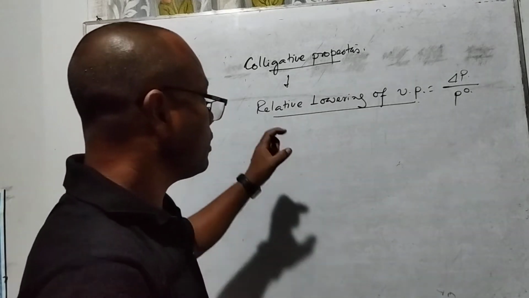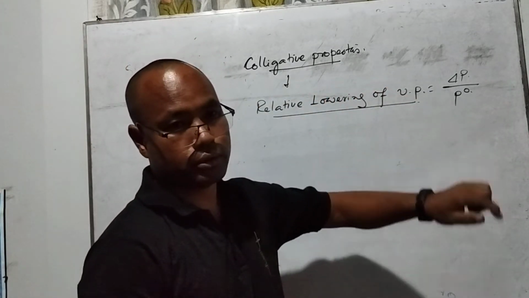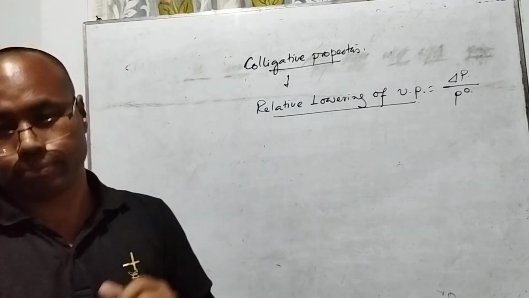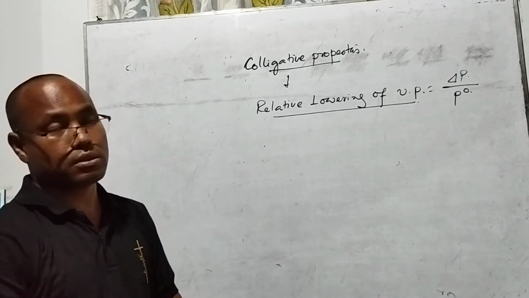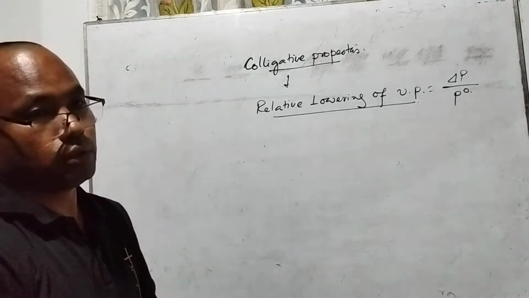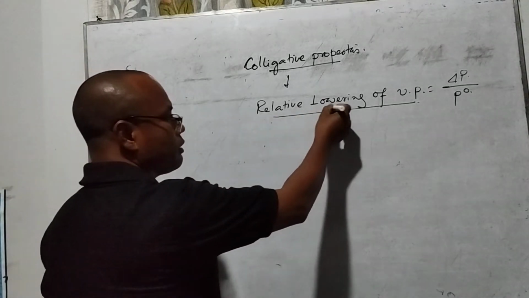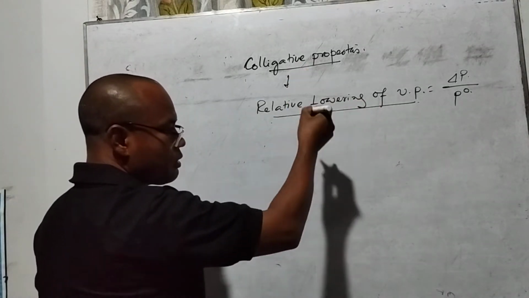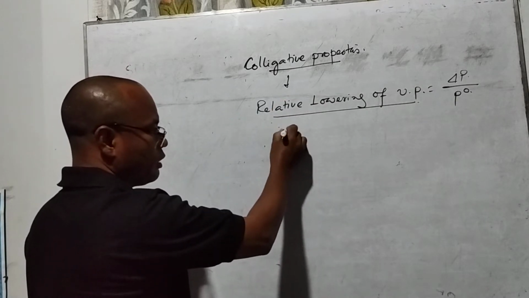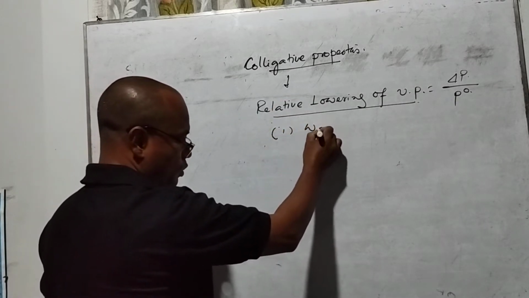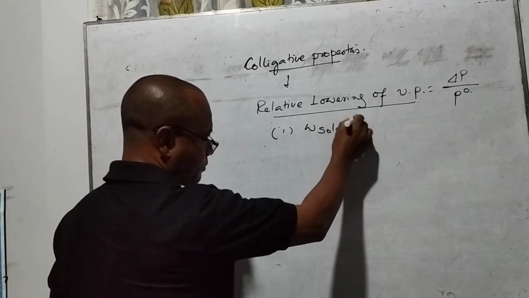Now here the relative lowering of vapor pressure is a colligative property. Why is this relative lowering of vapor pressure a colligative property? Now the reason here: the relative lowering of vapor pressure always depends on, number one, the amount of the solute.